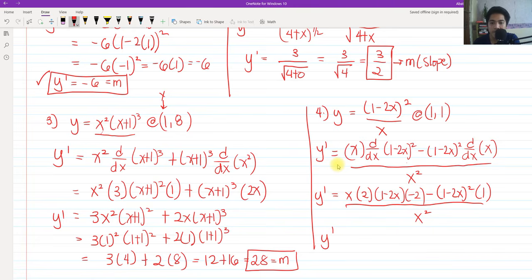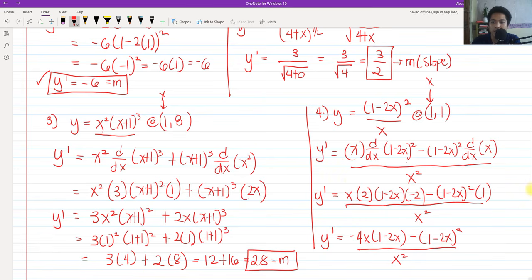So simplifying, we have negative 2 times 2, that would be negative 4 times x. Negative 4x times (1 minus 2x), and then we have minus (1 minus 2x) squared, all over x squared. So to get the slope, we substitute the value of x at that given point (1, 1).